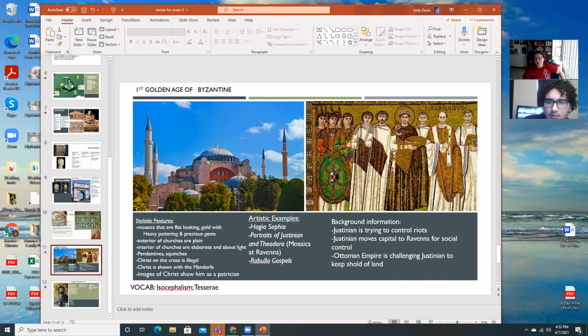Yeah. So most of the art that you see of Justinian, or that has Justinian in it, is done in the imperial style. We'll see that imperial style change a little bit in the second golden age of Byzantine, but we really think there was some sort of imperial pattern book that they must have used, because artists would be able to sit down and create what the icon would look like.